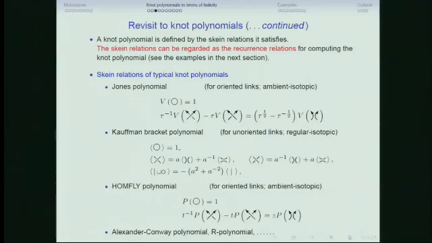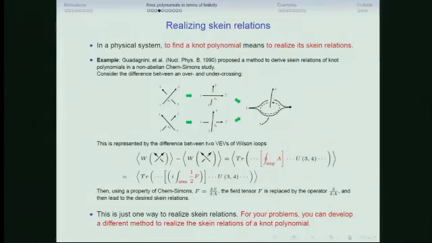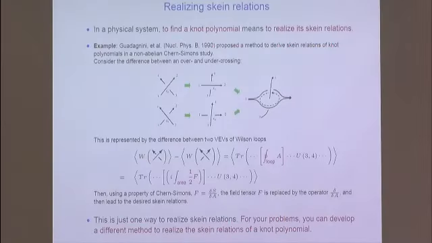You can see that in the Jones polynomial and the HOMFLY polynomial, we just care about the difference between the overcrossing and the undercrossing. So in their work, they directly consider the difference between these two, the difference between the Wilson loops. So how to pick up the information from this result?